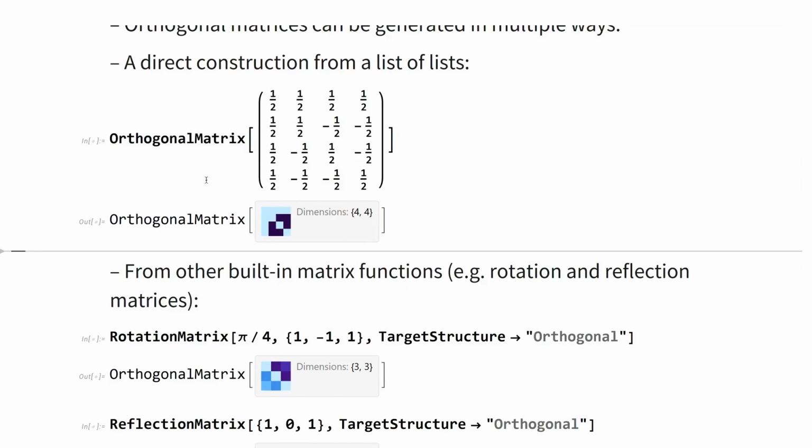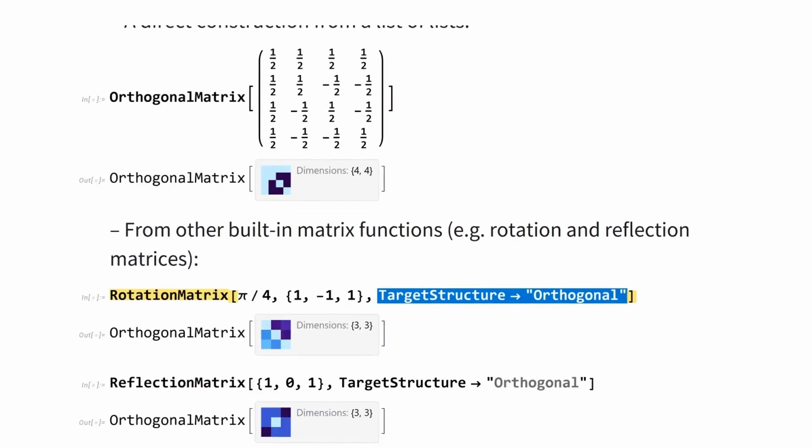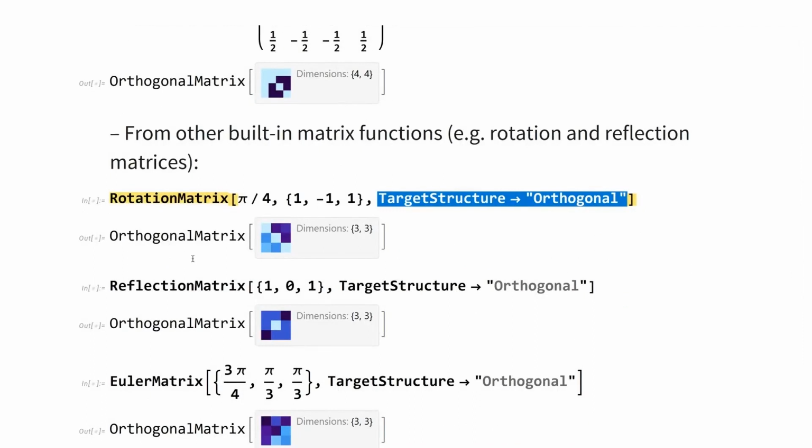So in fact, our goal was twofold. One is to build a library of structured matrices, and secondly, to then use them in different parts of the system. So for example, in version 14, which you still don't have, but it's almost done, if you do a rotation matrix of an angle about some vector over here, and you say target structure goes to orthogonal, you'll not get the list structure, you will get the actual structured array, which is orthogonal, of course, right?